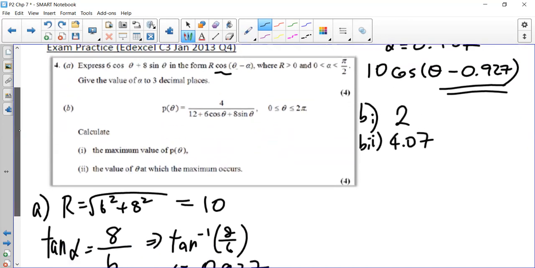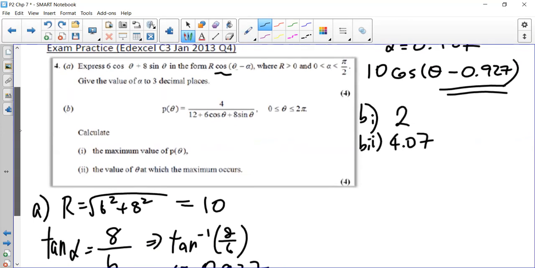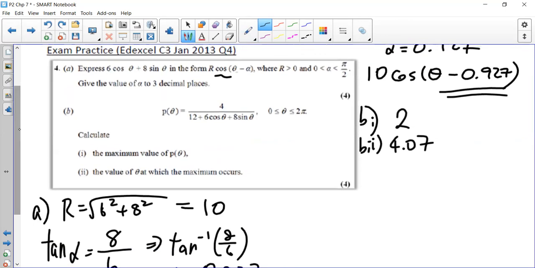Part B1. So where's the bracket for this one? Well, first of all, there's no bracket in here yet because I can see this 6 cos theta plus 8 sin theta. That's the same as part A. So I've told you it's a meal deal. You have eaten the sandwich. Now it's time to convert them. Here's a snack. Change it first.